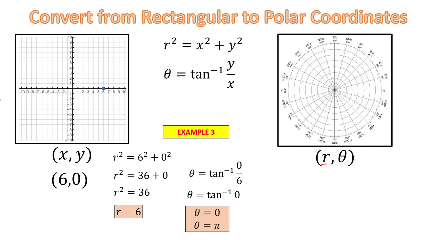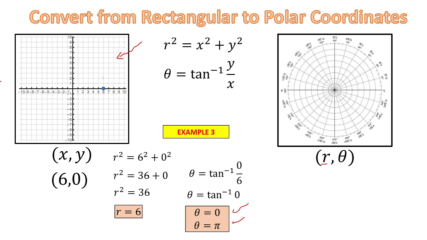But I'm coming back now to the rectangular system because we need to decide if the angle is 0 or pi. What are you gonna do? Go back to the rectangular coordinate system. The point 6, 0 is here.